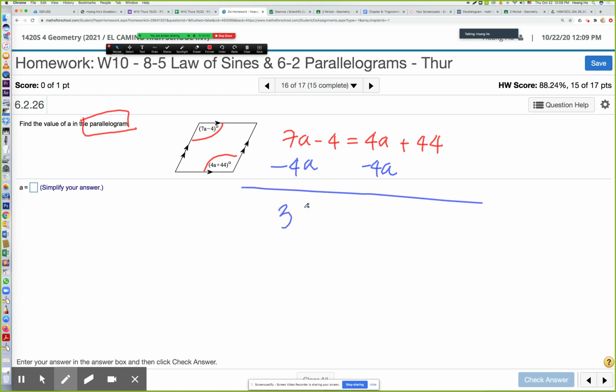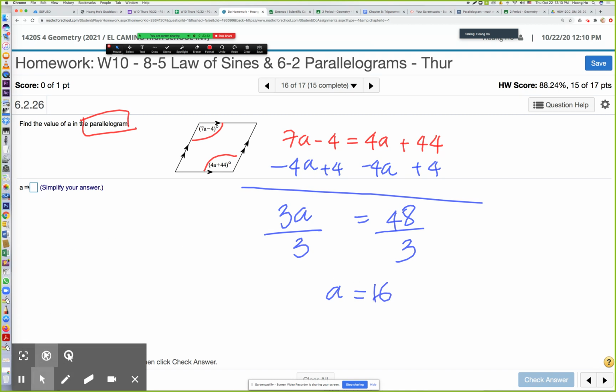And then I got 3a. I don't want the negative 4 here, so I add 4 on both sides. So does that come out to 48? Divide by 3. So a equal 16? Yeah, 16. So a equals 16.